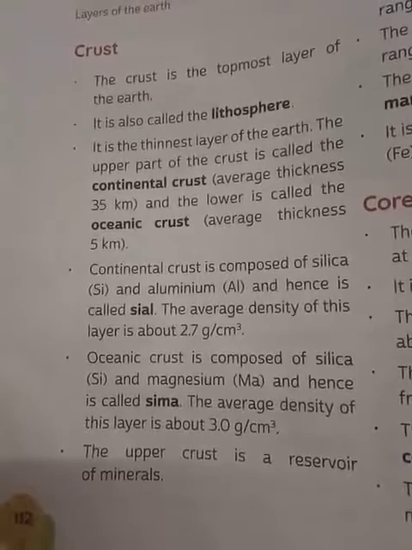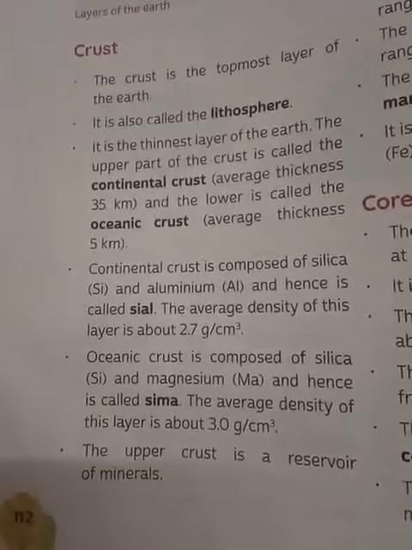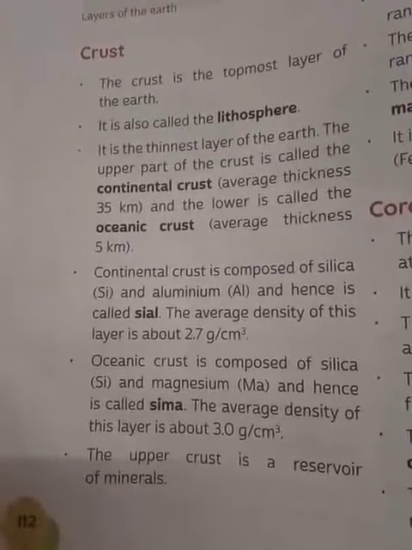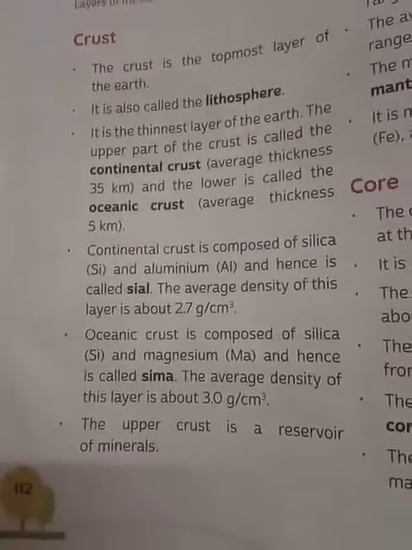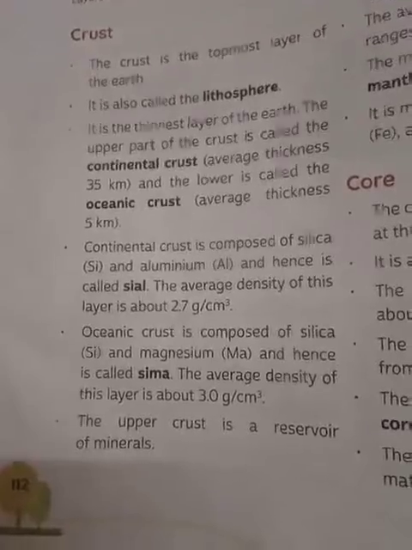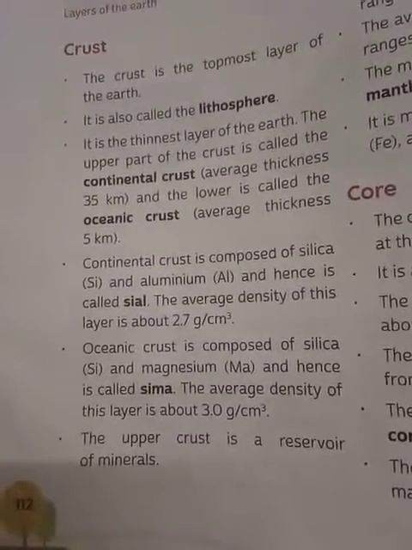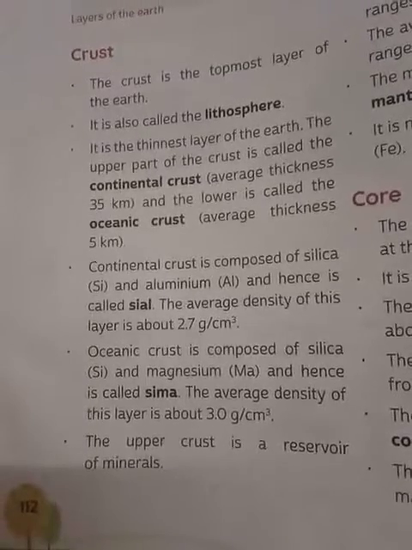The average density of this layer is about 3.0 g/cm³. So the upper crust is a reservoir of minerals. Where do we find the minerals? In the upper crust we will find the reserves of minerals.